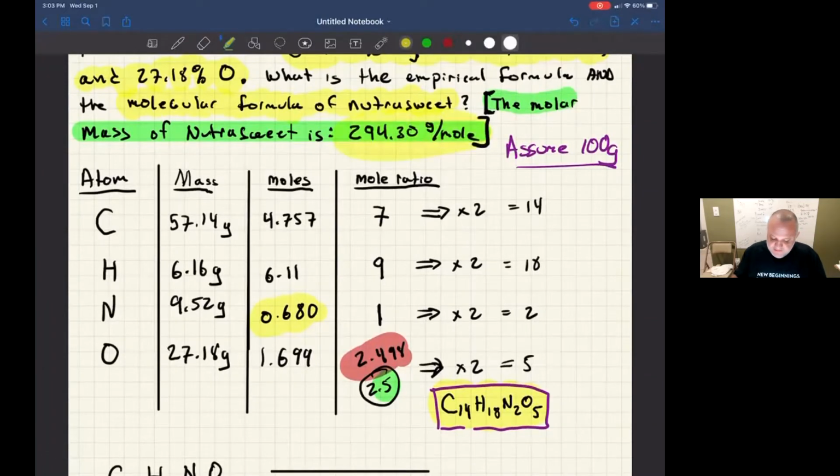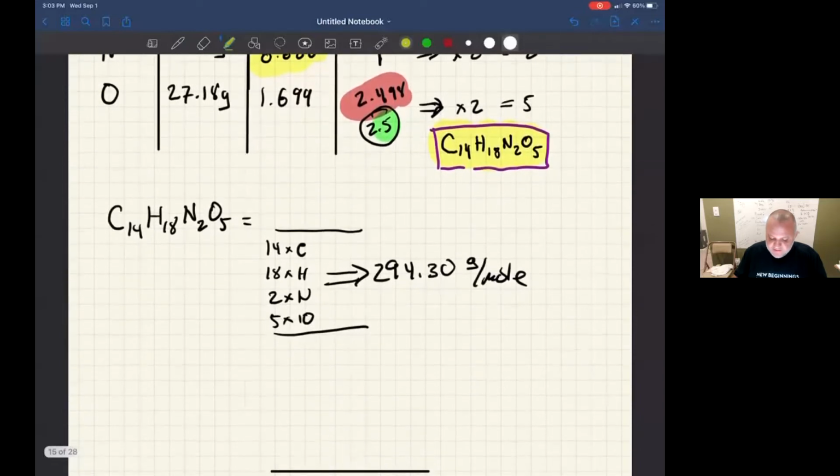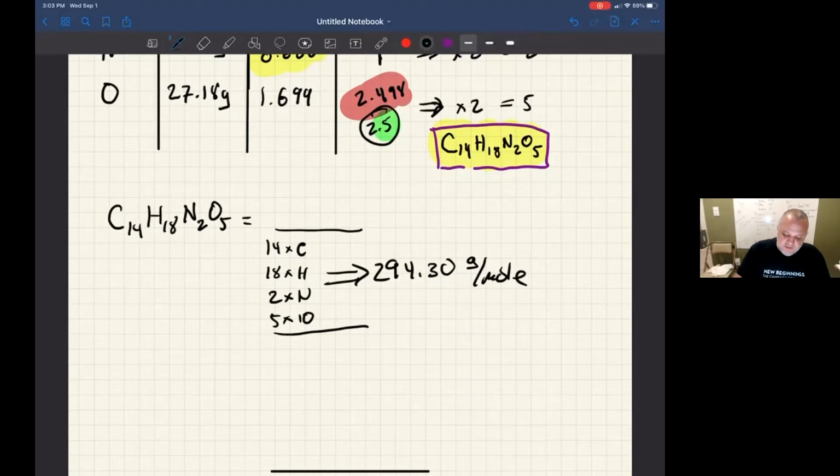And so what does that compare to the molar mass of the compound? Well, it's the same value. And so what it looks like is that the molar mass of the compound is indicating to me that the molecular formula is the same as the empirical formula. If that's true, then the molecular formula could not be divided by any whole numbers to get a smaller empirical formula.